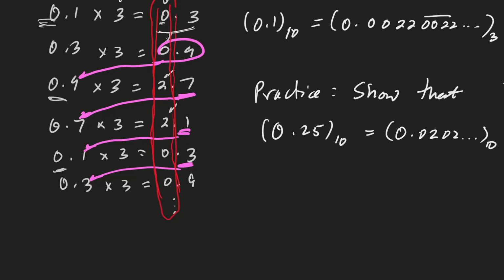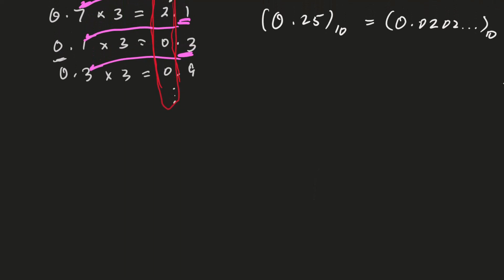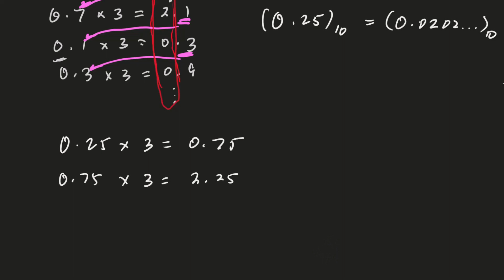Did you pause the video? All right, so let's go ahead and do 0.25. So we'll take 0.25 multiply by 3, you get 0.75. 0.75 times 3, and what do we get? 2.25. Okay, now just take the fractional part, 0.25 times 3, and we're back to where we started again.